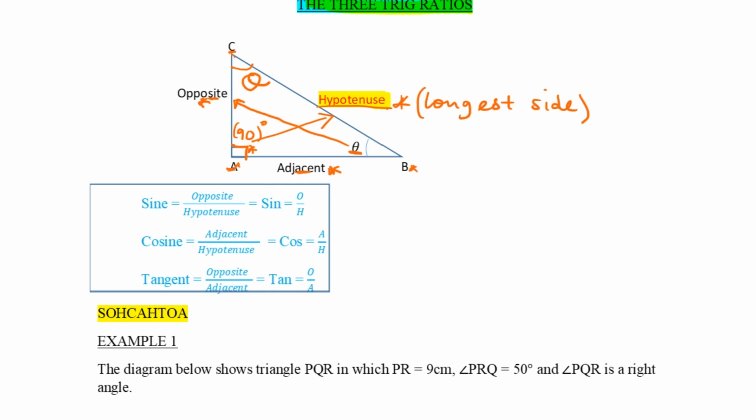We call it a right angle triangle because of the 90 degrees angle. When you find the 90 degrees angle, then it is a right angled triangle.